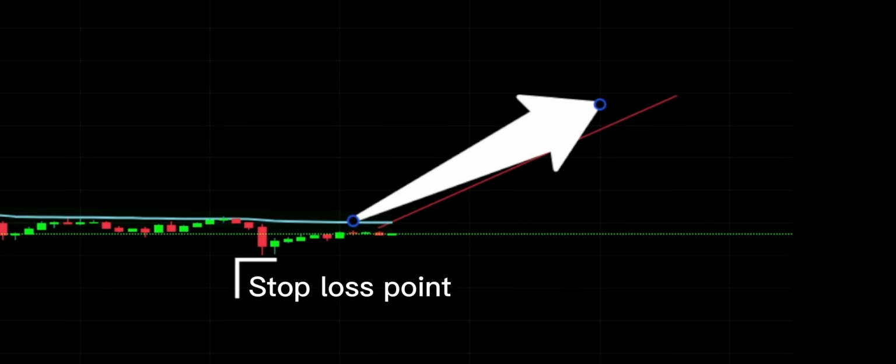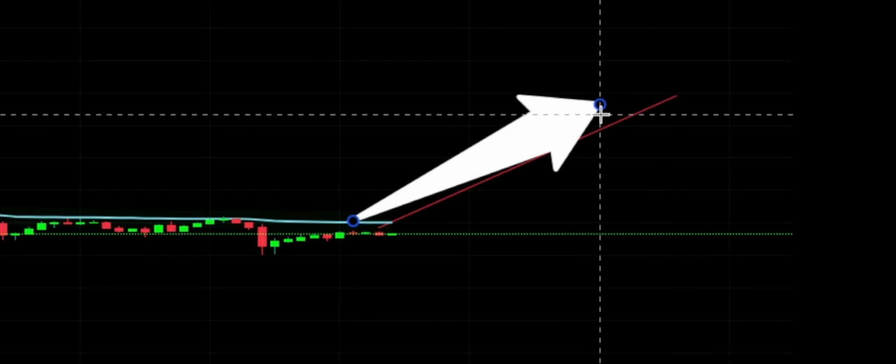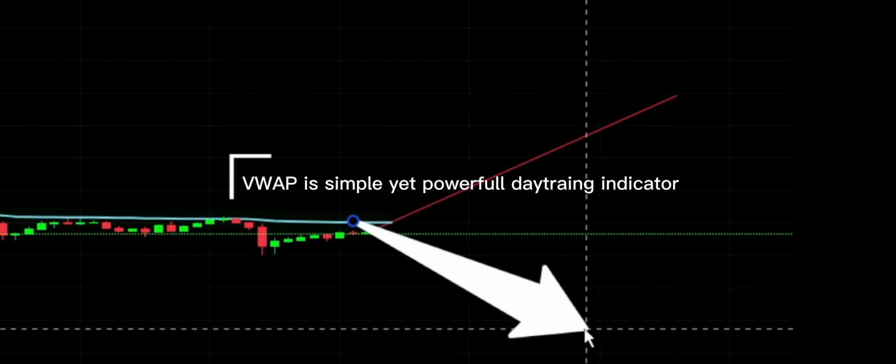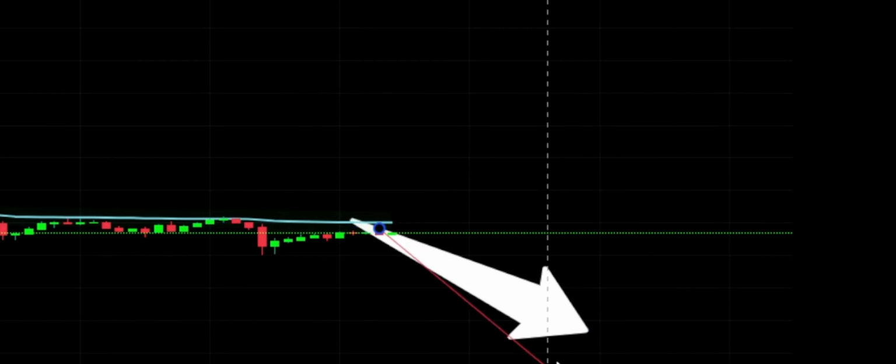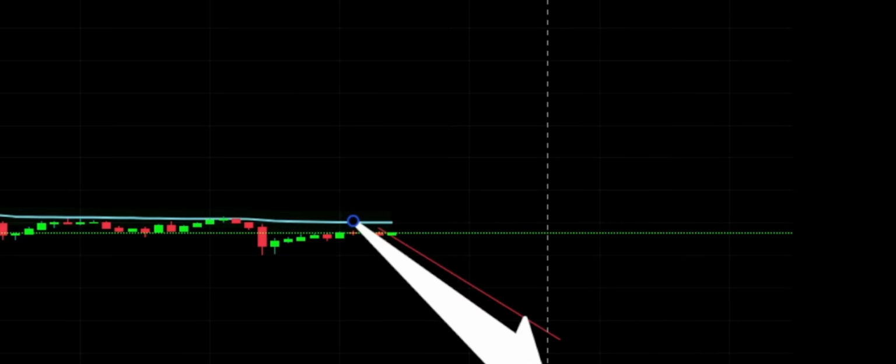If it's above the VWAP line, you may consider buying the stock. And if the stock is in a downtrend and currently trading below the VWAP, you could use it for shorting or getting out of the stock. That's my main focus today.